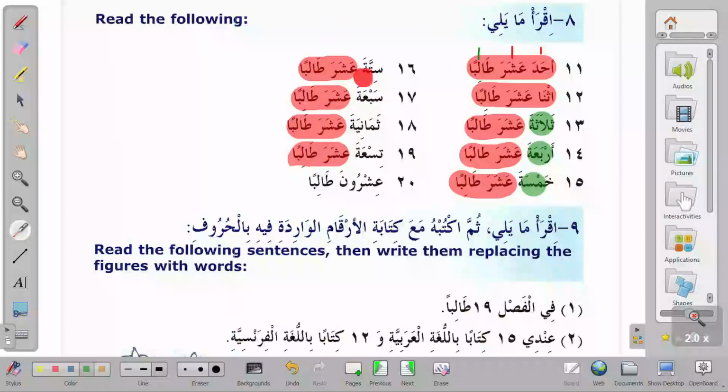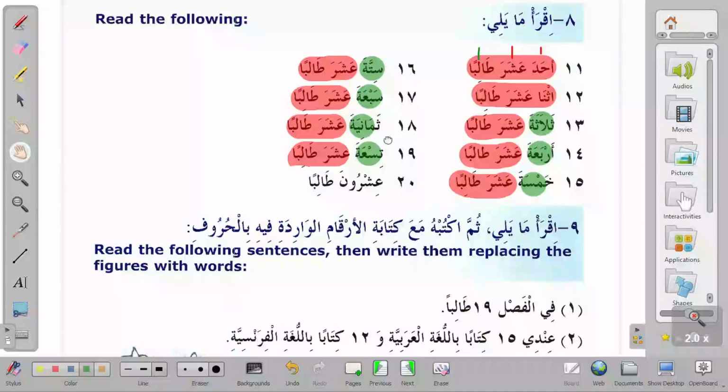But the first number that will come is always going to have a different, opposite gender. Saba'ata, not saba'a. Samaniyata, not samani. Tis'ata, not tis'a. I hope that is clear. Mafhum, right? It is understood. They will have ishuruna taliban.